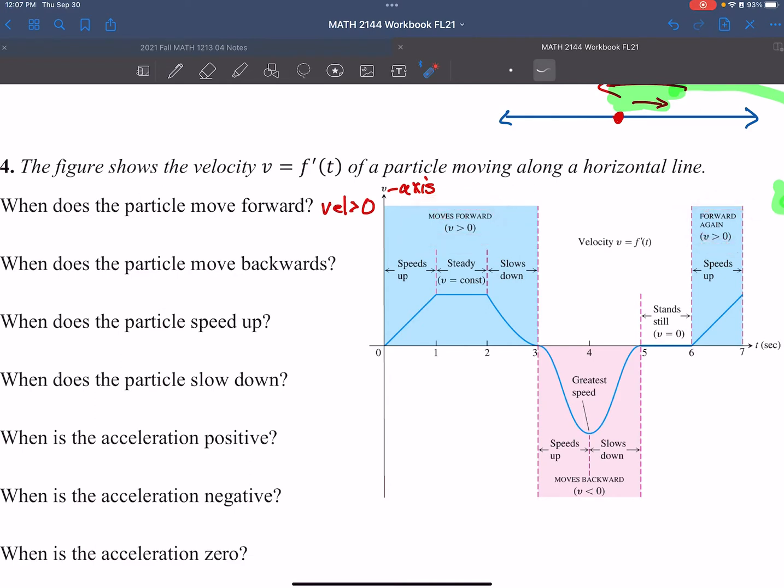So you can see that the scenario where we are moving forward is, I have to always be very careful with whether it's equal or not, so we'll talk about that as we go. It's going to be 0 is less than t is less than 3.